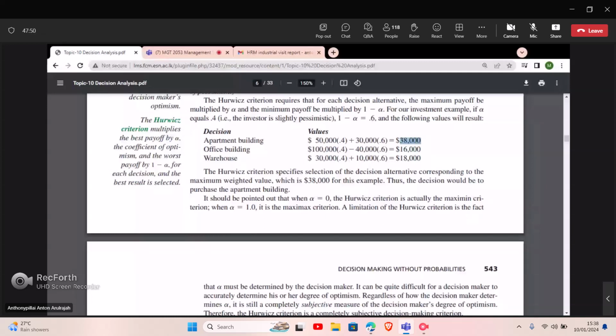So you see how many criteria there are: maximax, maximin, minimax regret, and also the Hurwicz criterion. Okay. We will do the next question.